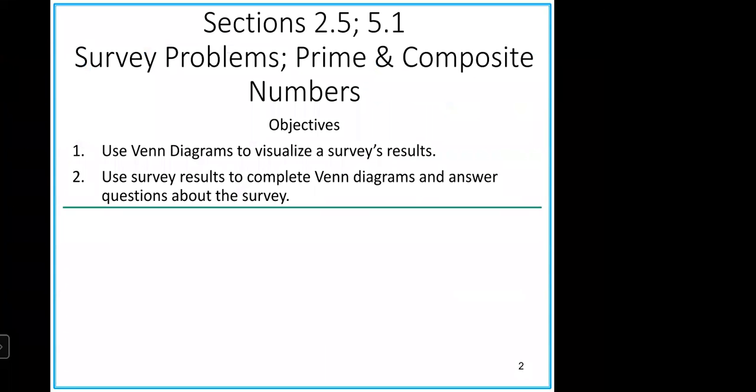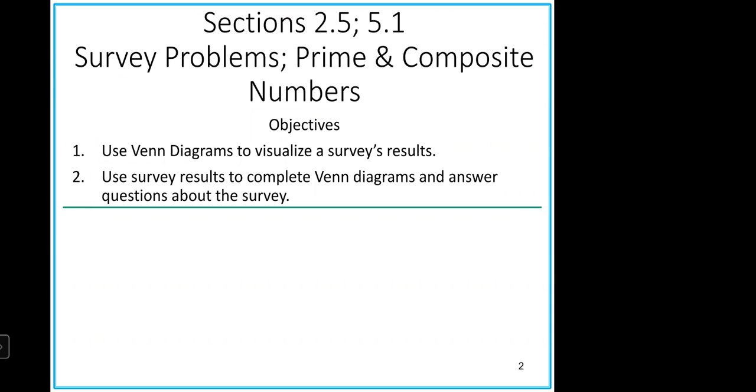Okay, so today we are going to be covering two sections of your text. We are looking at section 2.5 and 5.1. So we're going to finish off chapter 2, and then we're moving on to chapter 5, the first section.